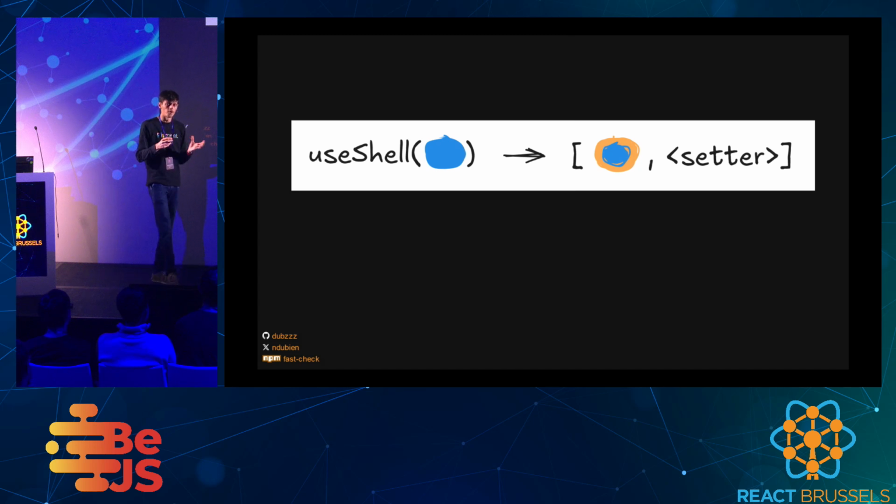Instead of returning an unstable value, it will return a shell, and the shell will hold the value. So you call useShell with the blue bubble, and then at the output, you will get a shell with the blue bubble within it. When you set the value, you keep the shell stable, so there is no change from React's point of view, but you change the content of the shell. So you put the green one in this example.